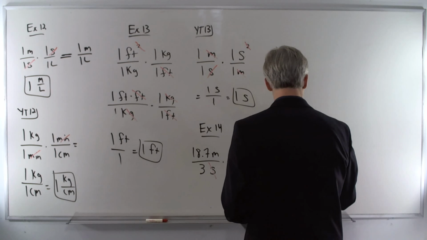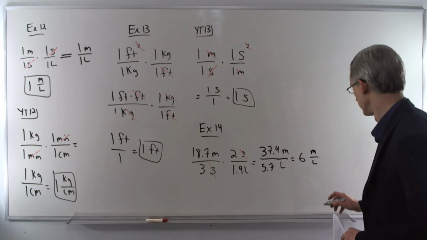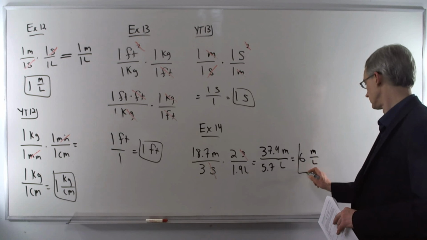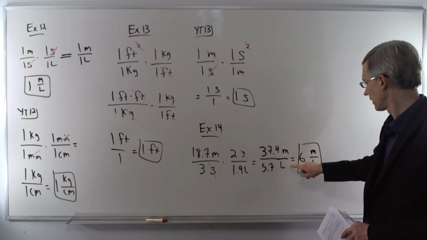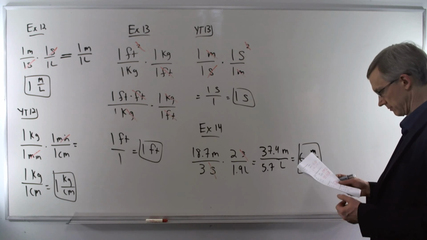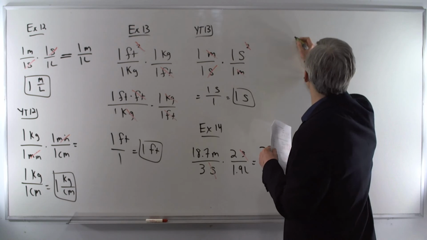All right, so that gives us 6. And then we keep the units, meters divided by liters. Your turn, number 14.